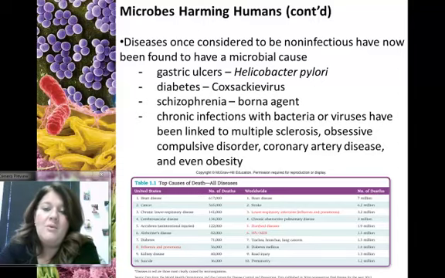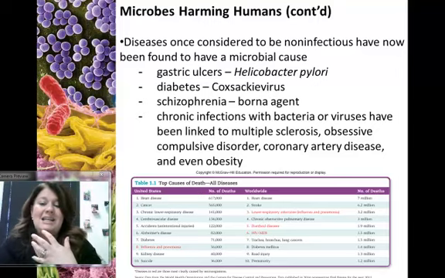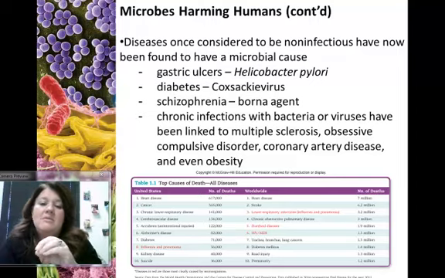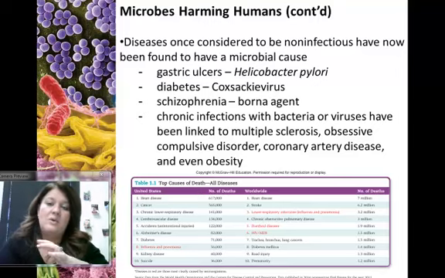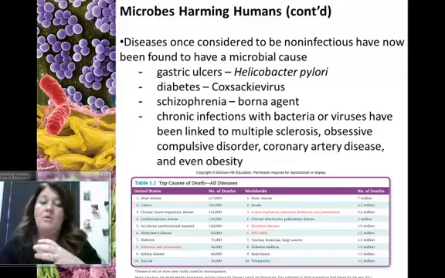We see chronic infections with bacteria or viruses being linked to things like multiple sclerosis, heart disease, obesity, obsessive compulsive disorder. The more we know and the more we're studying, the more we seem to see links between things we've considered non-infectious and microbial organisms.